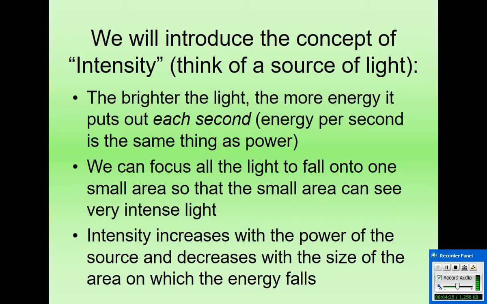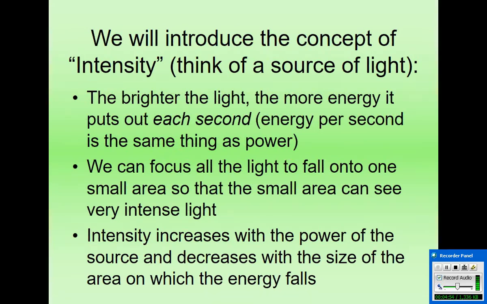But there's also another thing going on. We can focus the brightness into a small area. Imagine a magnifying glass and sunlight, and you can focus that sunlight onto a very small area. In that very small area, there is a huge intensity, but even just adjacent to it, the intensity is very non-existent.